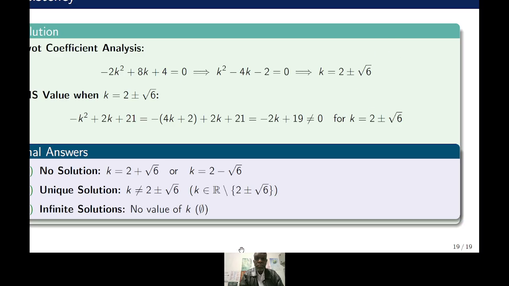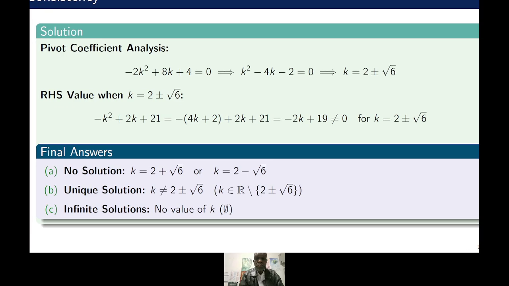To analyze this, you just need to look at how that element behaves. If the left hand side is equal to 0, you get this equation. It's a quadratic which has these two solutions: 2 plus or minus root of 3.